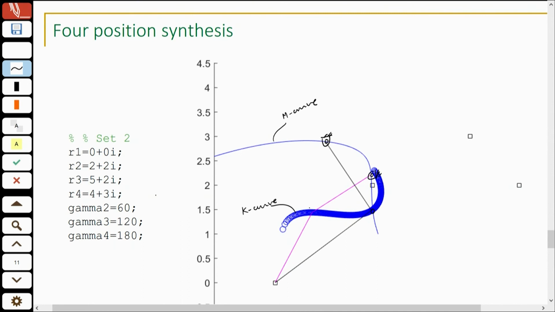Another center point that I choose has this as the circle point, and so this is the coupler of my linkage. So, the 2 dyads, the pink dyad and the black dyad, together they form a 4 bar, and these are the positions. This is P3. Okay.